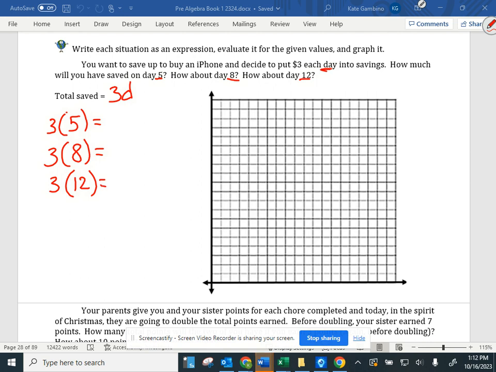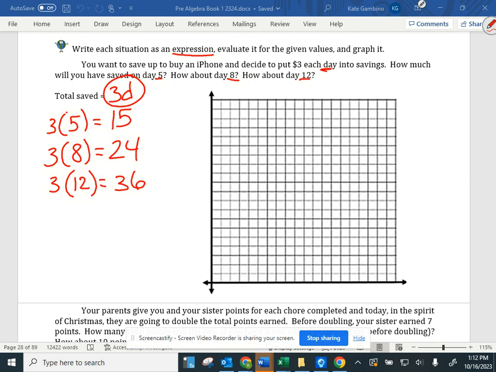So how much money would I have on day 5? Matthew? 15. How much money am I going to have on day 8, Damien? 24. $24. How much money am I going to have on day 12? Lakely? $36.